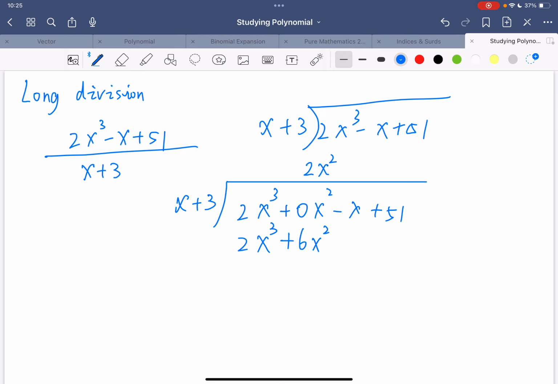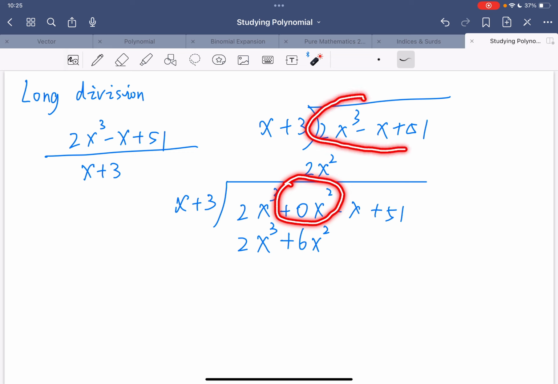So that's the reason why you should always add the missing term here. Because if you don't add the missing term, you will find the 6x squared will be in the position right here, so you cannot do subtraction.